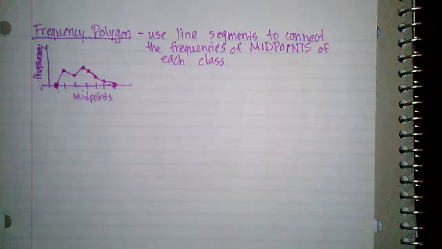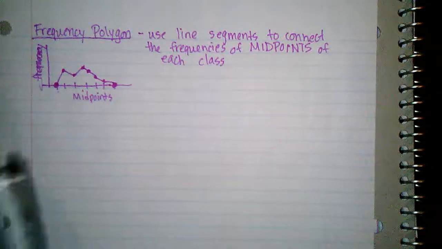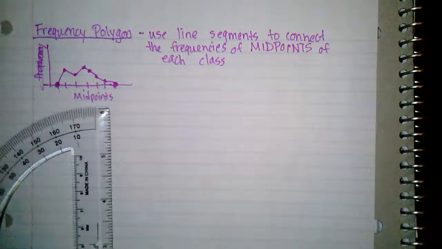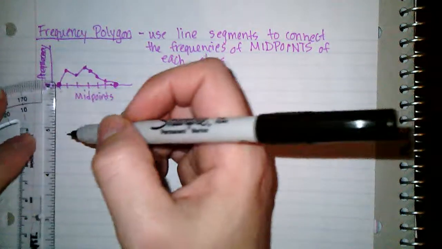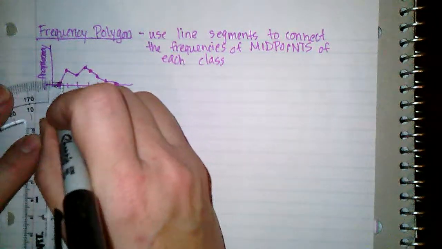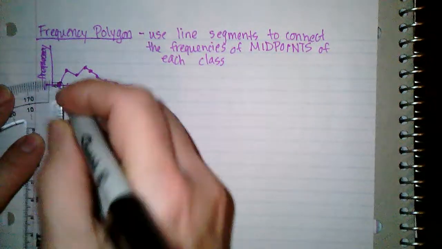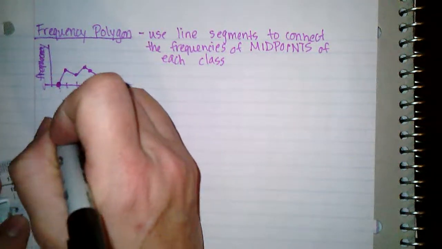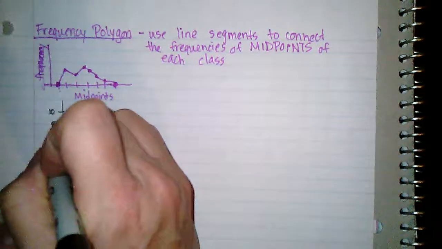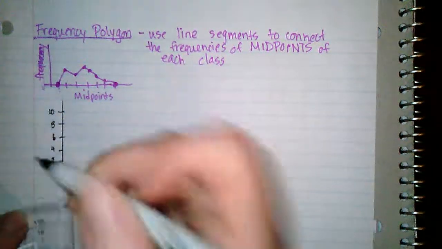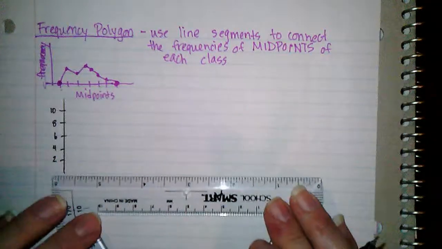Okay. So with the example that we've been working with, we'll do the same problem that we've had all along. Remember, our highest frequency was 9, so we'll go 10, 8, 6, 4, 2.